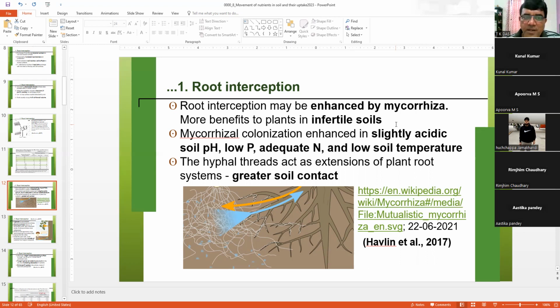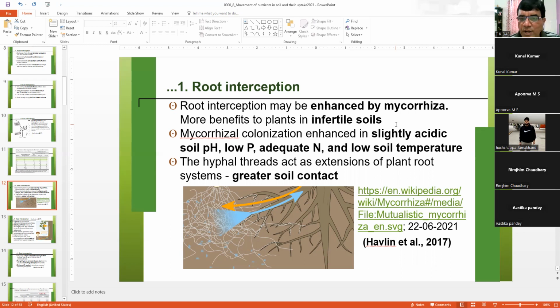Here you need to remember that mycorrhiza help in the uptake of phosphorus and many other nutrients. It is not just phosphorus, but mycorrhiza also help in the uptake of zinc, sulfur, almost all the nutrients. They are important for their uptake.